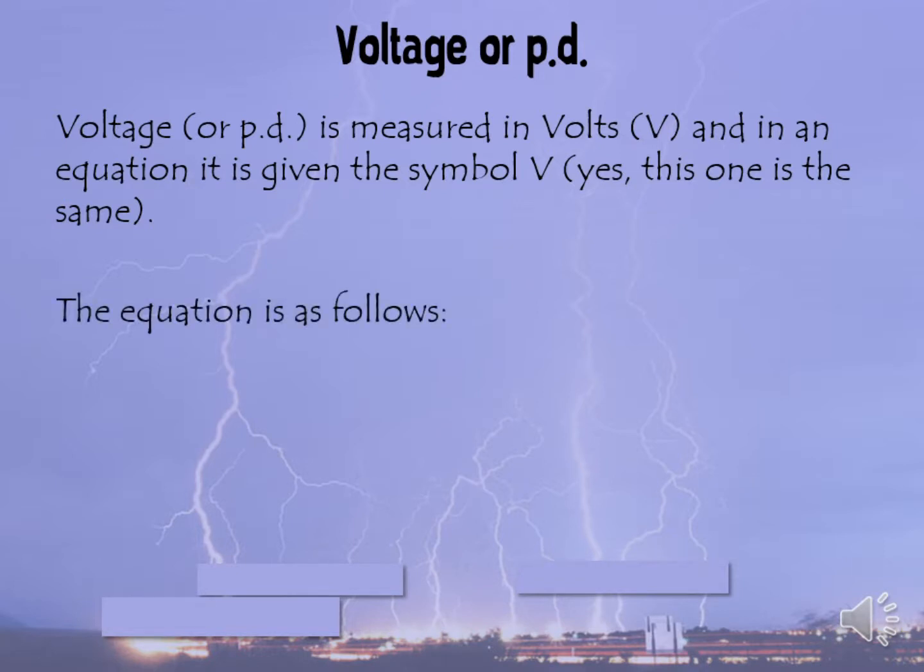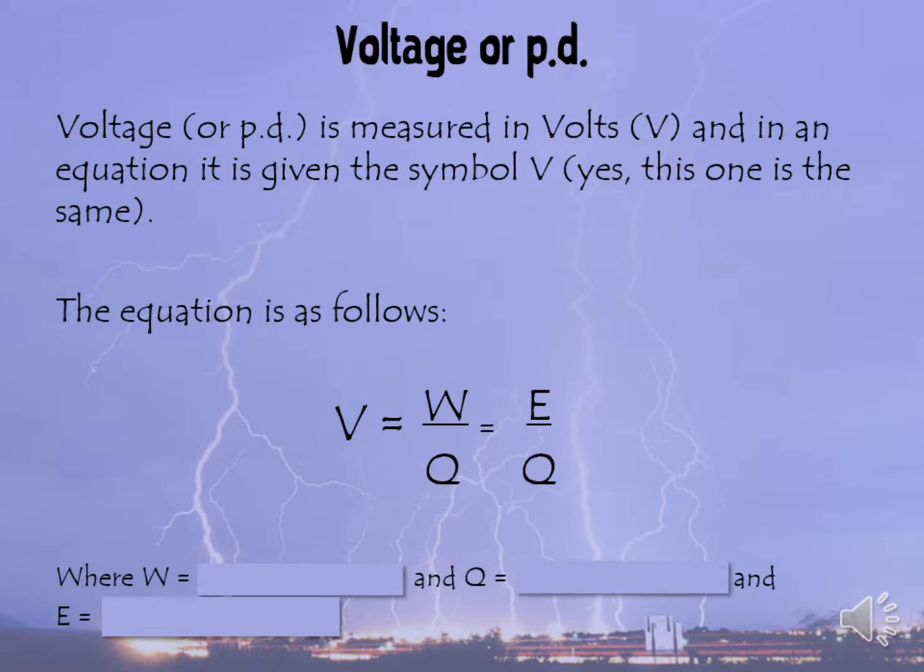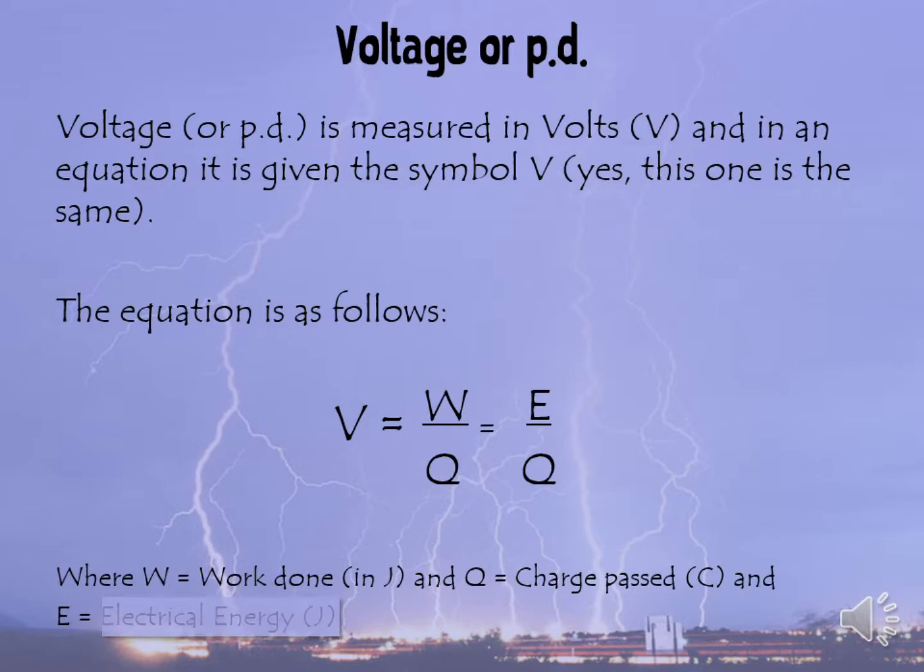And the equation itself is V = W/Q, which is equal to E/Q. And the W in this equation, as we saw before, is work done in joules. Q is the amount of charge passing the points, and E, what would E be? It's electrical energy, because an amount of work is done by a certain amount of energy, so those two things are equivalent.